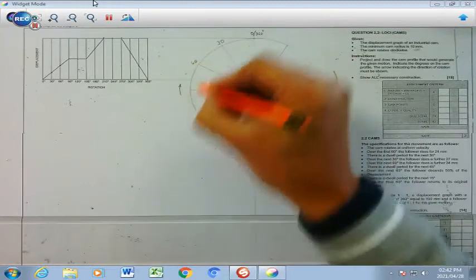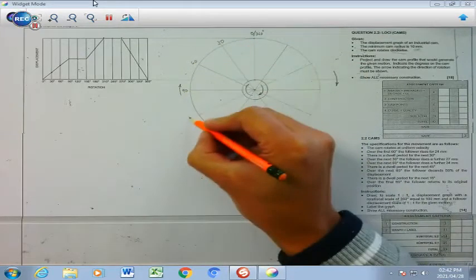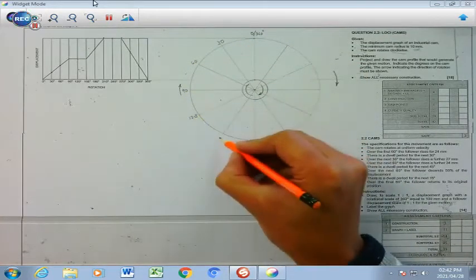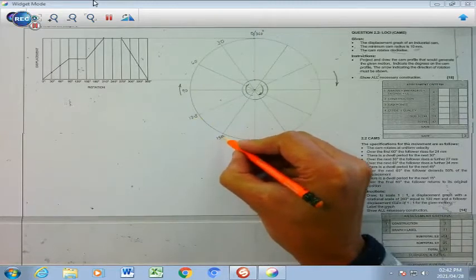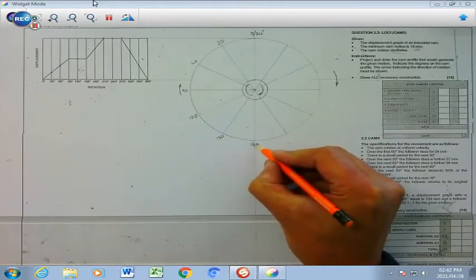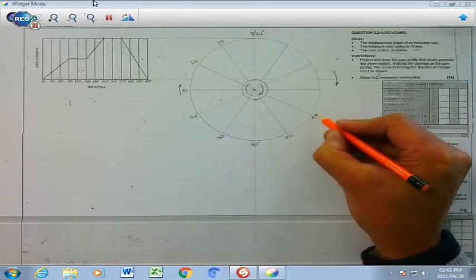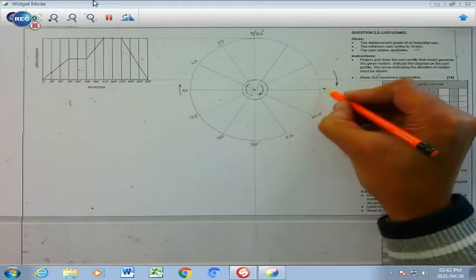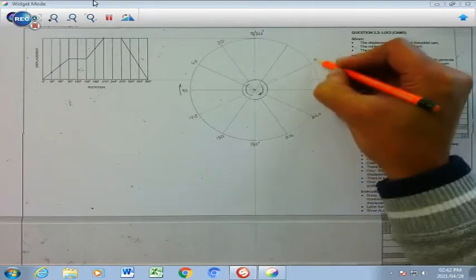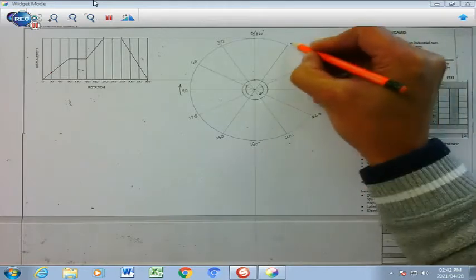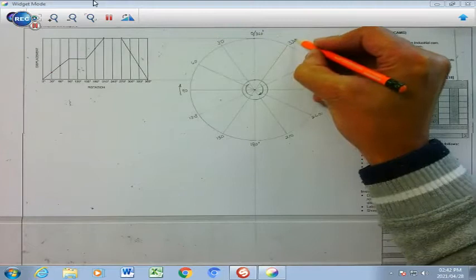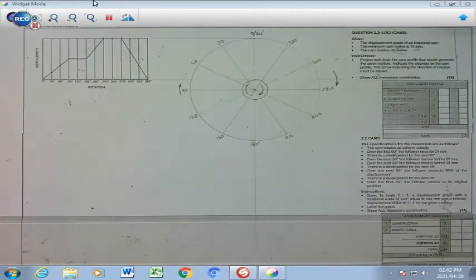That's going to be 60, that's going to be 90, 120 degrees, 150, 180, 210, 240, 270, 300 and 330, and back to 360 at the top.